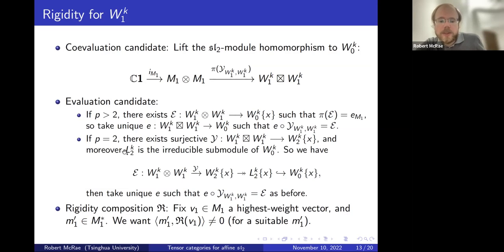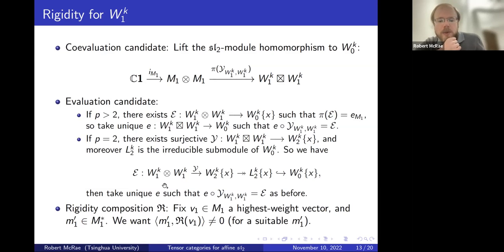But if P equals 2, this is more difficult because in that case, the conditions don't apply. We actually cannot lift the evaluation for the SL2 modules to an intertwining operator. But we can get a map going into this other module, WK2. And when P equals 2, the irreducible quotient of LK2 is the same as the irreducible submodule of LK0.